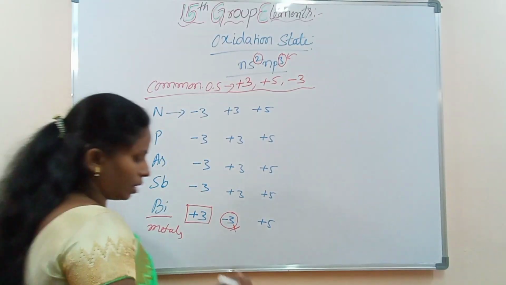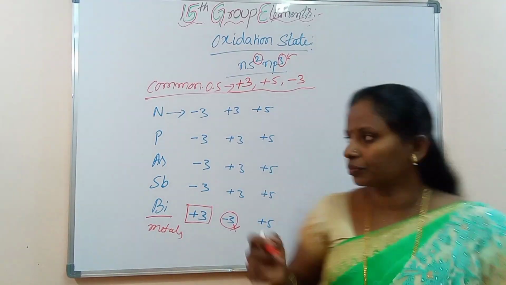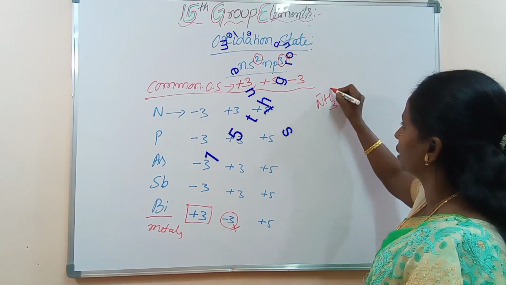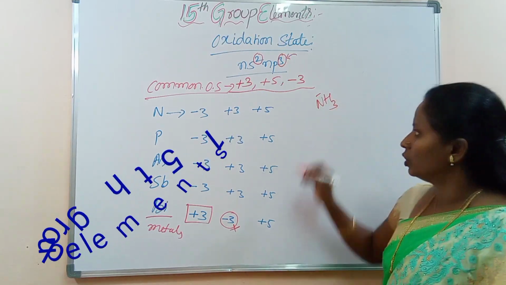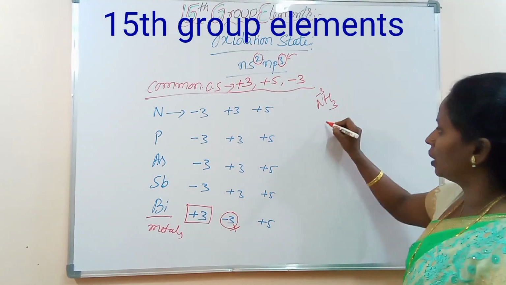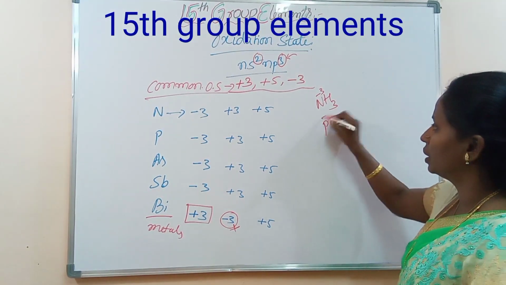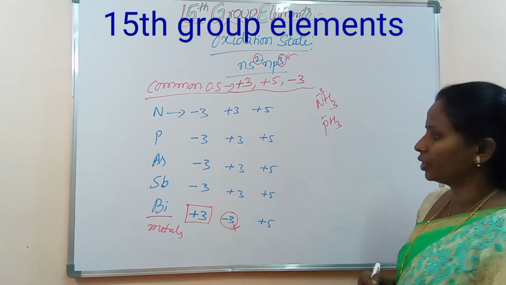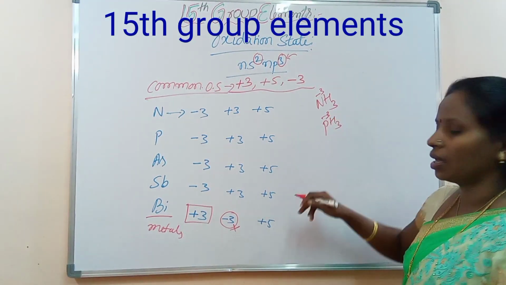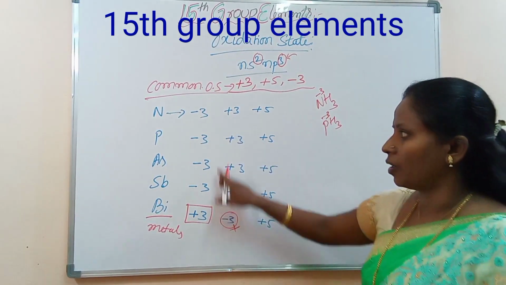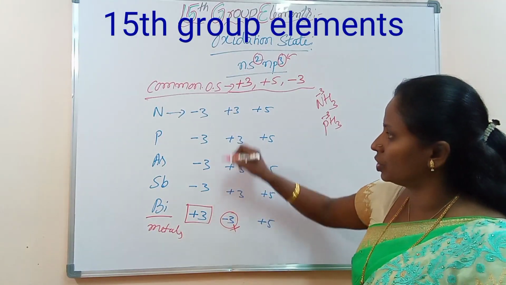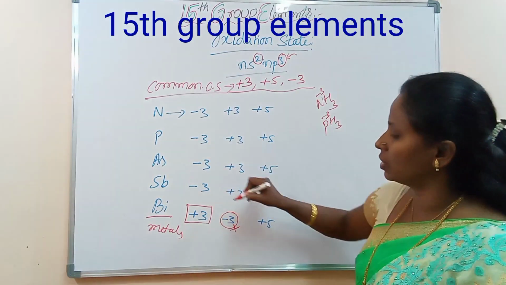For example, in NH3, nitrogen is -3, and like that PH3 also has the -3 oxidation state. Similarly, in all hydrides, the -3 oxidation state is more stable. So the stability of the -3 oxidation state decreases down the group.